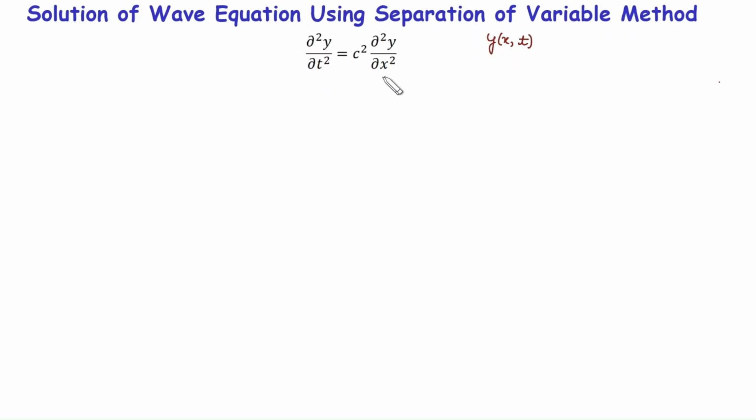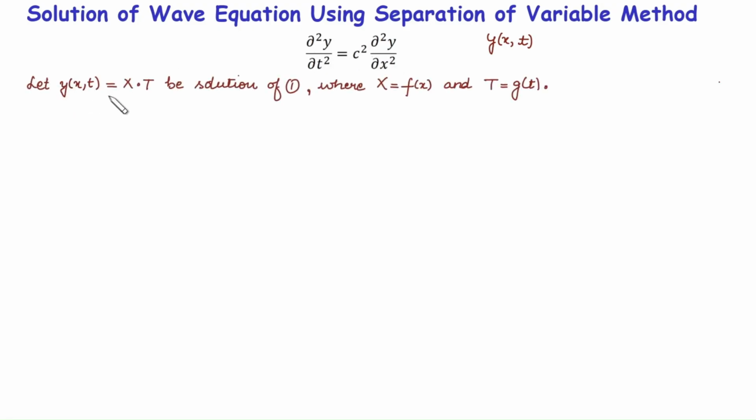We assume for any partial differential equation that the solution is a product of functions of the independent variables. So here we assume y is a solution depending upon two functions, X and T, where capital X is a function of position and capital T is a function of time.